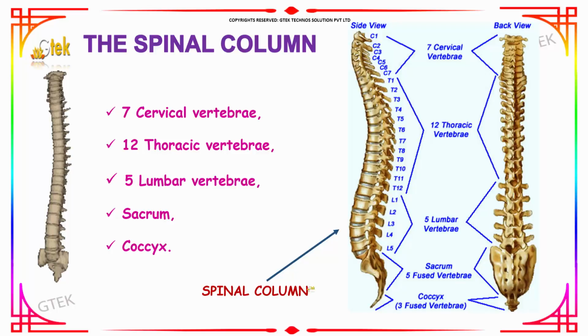So the diagram over here clearly depicts how the vertebral column is divided as cervical vertebrae, thoracic, lumbar and sacrum and coccyx vertebrae.